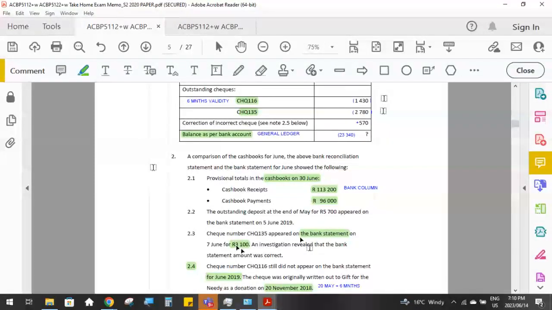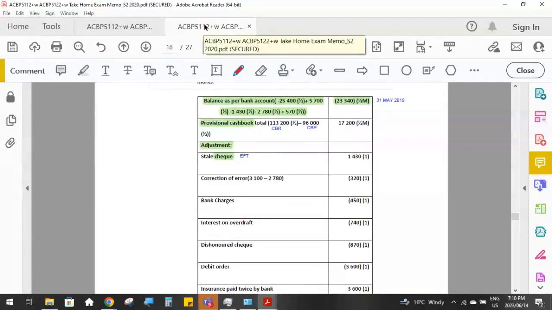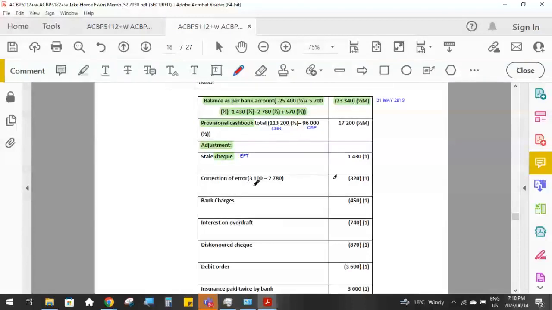And then we worked out why the bank processed it for 3,100 when we said it was 2780. And we saw that the bank statement amount was correct. So it was our mistake. It should not be 2780, it should be 3100. So if it's our mistake, we have to correct it in our books. So we still have to take off another 320 Rand.